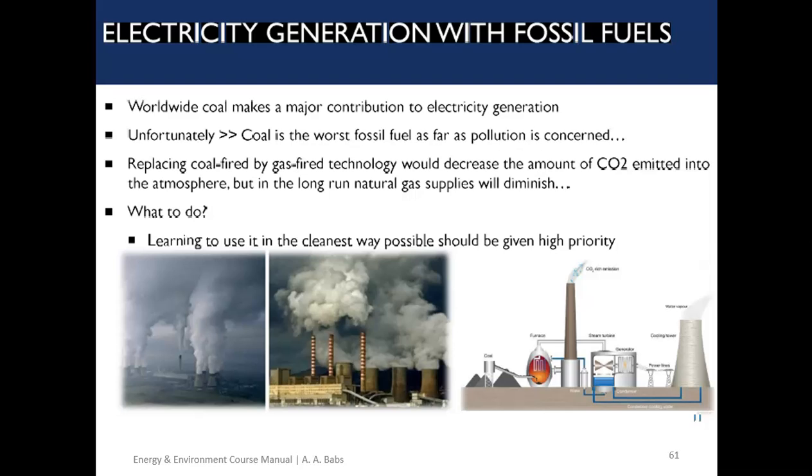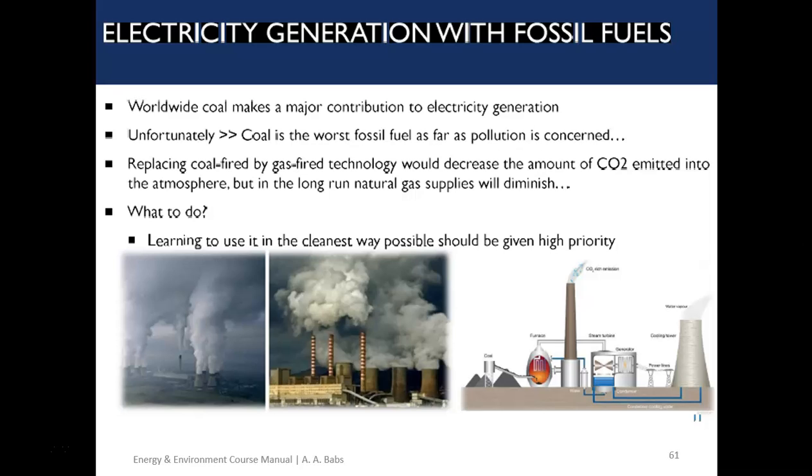So what we can do in this scenario is simple. We can learn how to use coal to generate electricity in the cleanest way possible. This should be a subject of research, and it has been and will continue to be a subject of research. How do we continue to use coal, since it is available and it is the most available fossil fuel, and at the same time the most popular fossil fuel we have globally when it comes to generation of electricity?